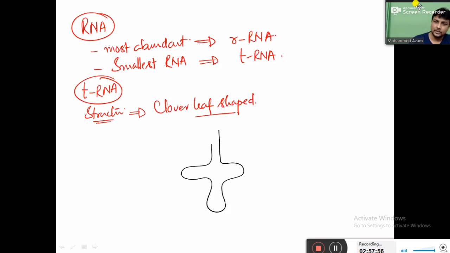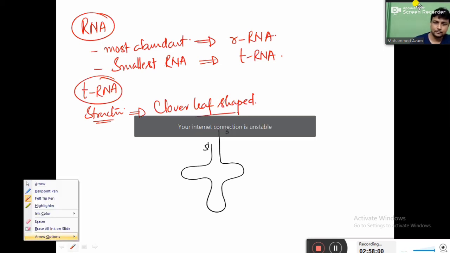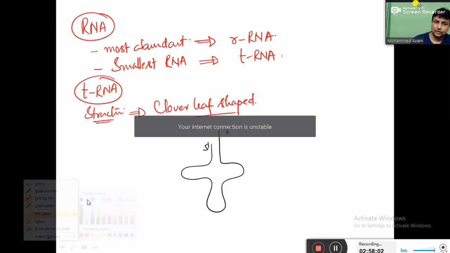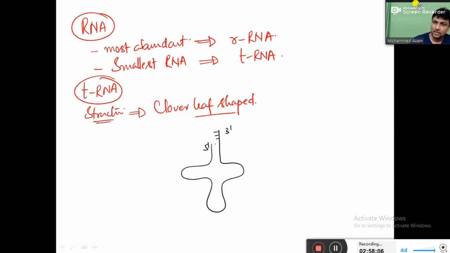In detail, remember this is the 5' end and this is the 3' end. At the 3' end, you have to remember the sequence. Any idea? It will be cytosine, cytosine, adenine.